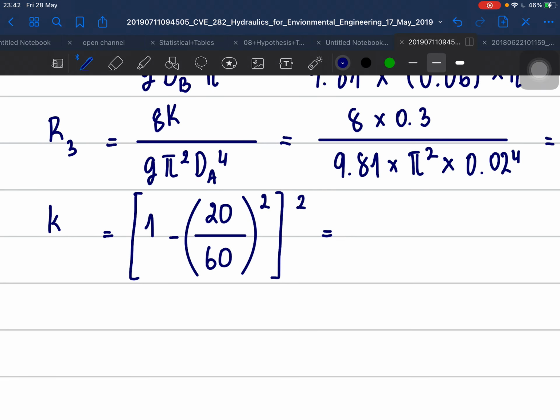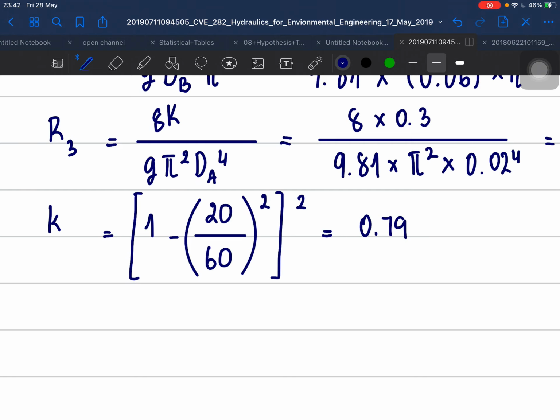Okay, it's actually dA over dB, enter over exit, and then squared again. 0.79.